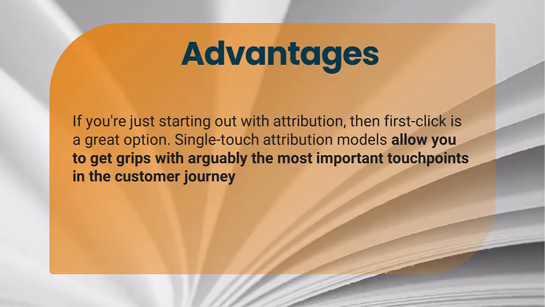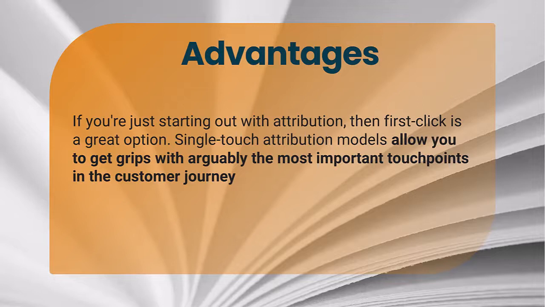So I'd probably start with first click attribution, especially if you do have a strong call to action and if you do have a strong landing page on your website. Now, if your sales cycle is a little bit shorter, then first click attribution can also be one to take a look at. And remember, you can do a model comparison in your GA4 account.